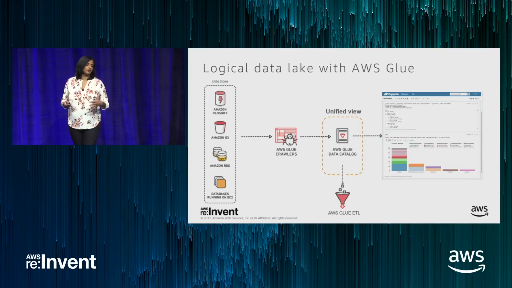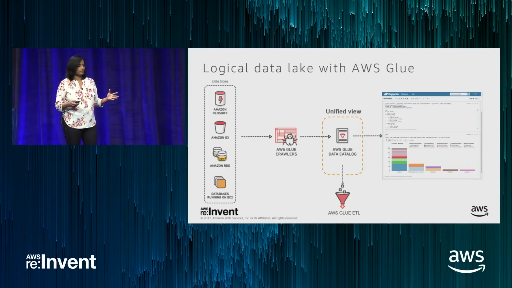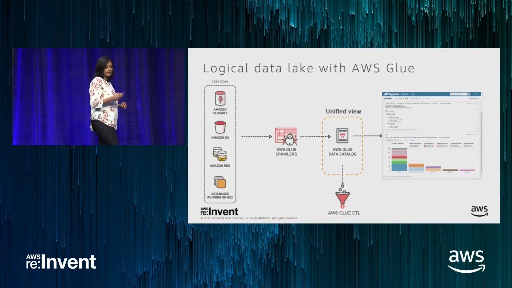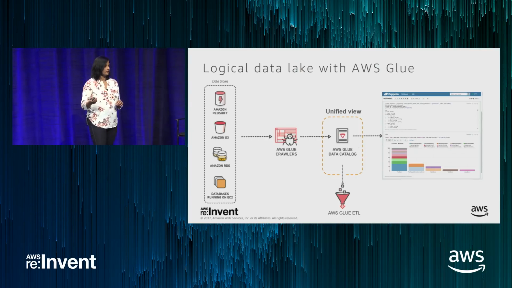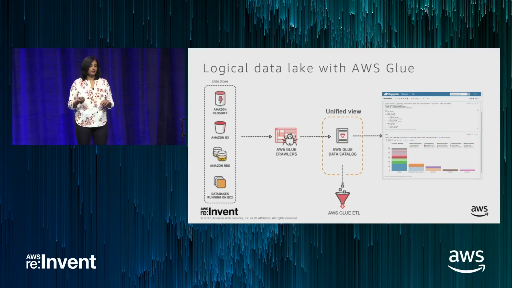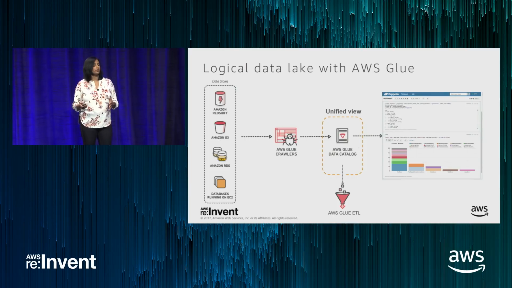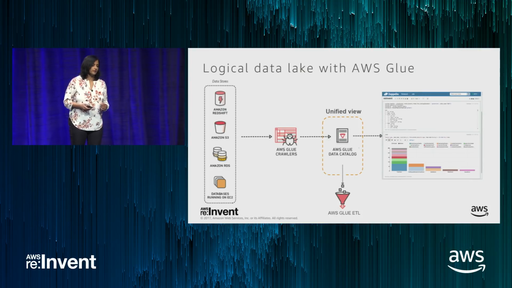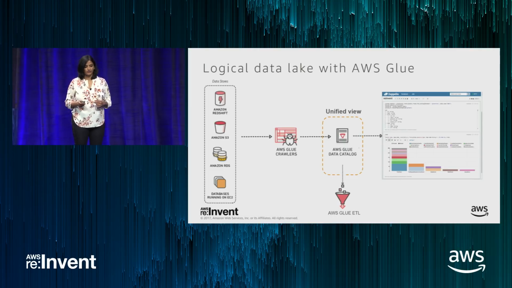Crawlers can go and crawl data across various different data sources, and then you can visualize that data using something like a Zeppelin notebook that connects to the Glue Data Catalog. So here you can see that we can spin up a Zeppelin notebook, connect it to Glue's serverless environment, and read and write data in various different data sources by leveraging the metadata that is in the Glue Data Catalog.